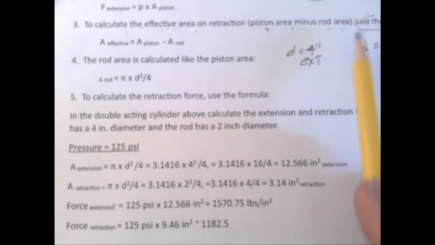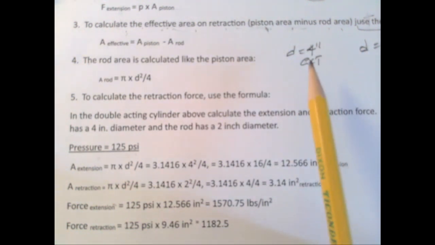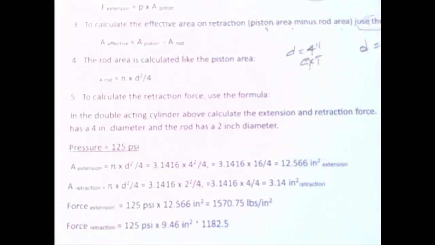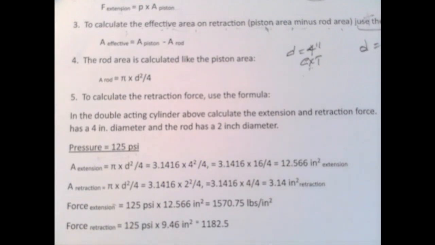So to get this retraction area, we'll subtract it from the extension area up here. So nothing is changing from the last video. In the double acting cylinder above, calculate the extension and retraction force.